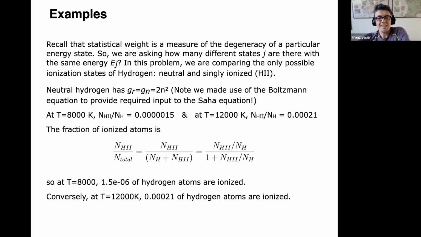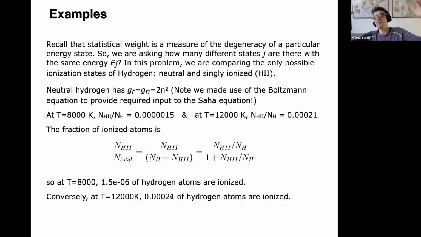At 8,000, roughly 1.5 times 10⁻⁶ hydrogen atoms are ionized for every hydrogen atom, or for the total number of hydrogen that's there. So in essence, 1 out of 1,000,000 atoms are ionized, right? At 12,000, we have something like 2 out of 10,000 are ionized.